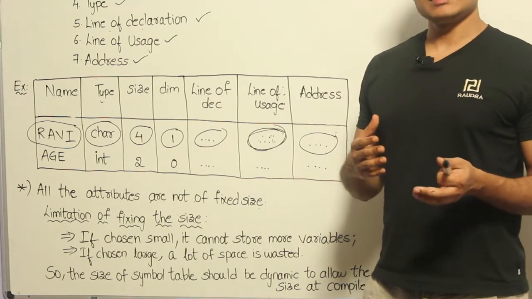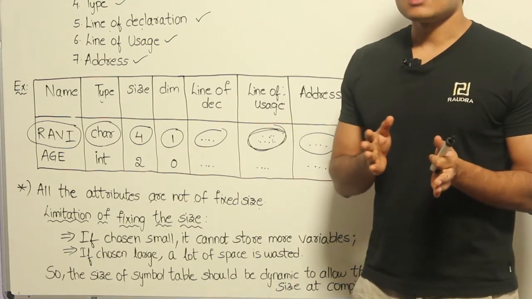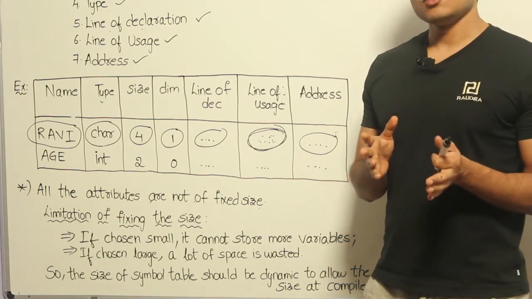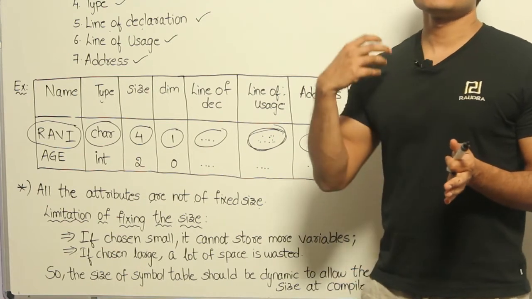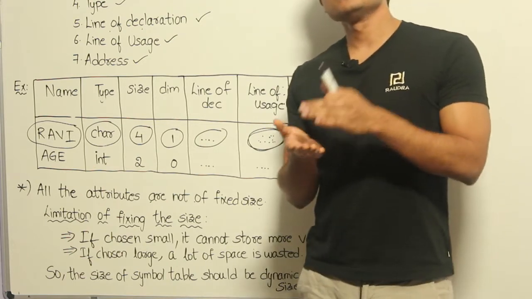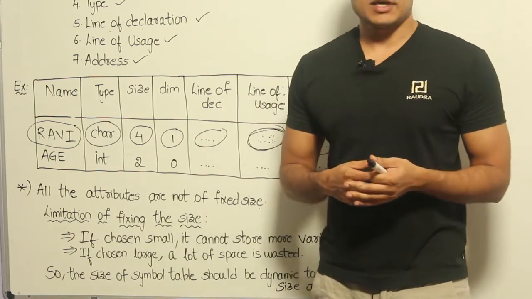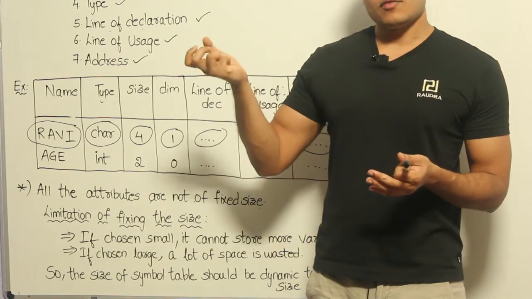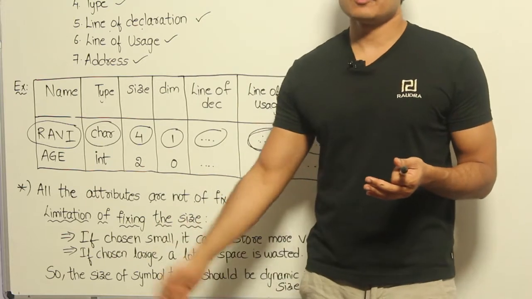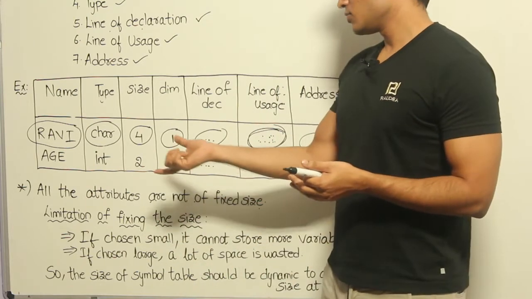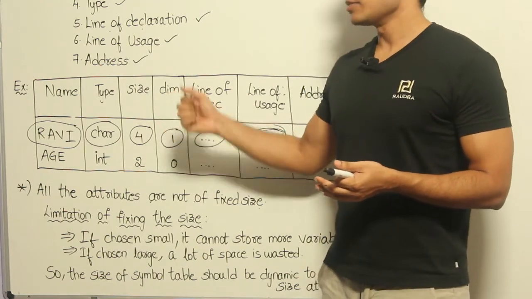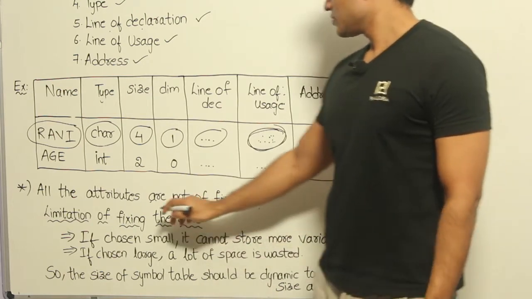If you declare it too small, it gives you an advantage in terms of space saving, but you might not be able to store information about all the variables. If you declare it too big, you might be wasting space, because after storing the information about all the variables, some entries will be left over and not used. So it is better to use dynamic allocation of this table.